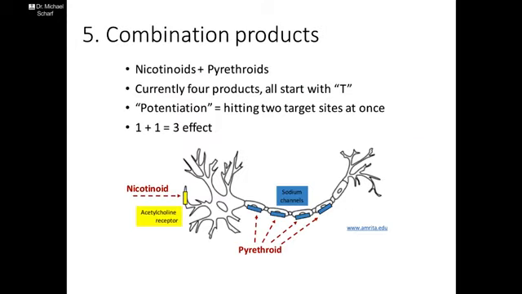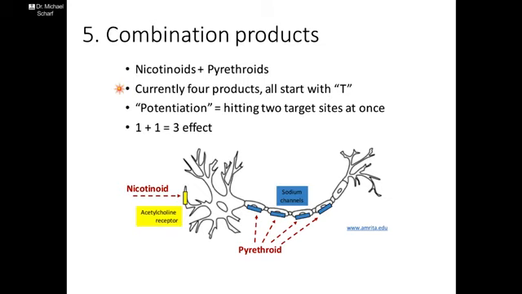Okay, so I want to jump ahead here to talking about combination products. This is a big trend in the industry today, and all of our combination products involve nicotinoids plus pyrethroids. Currently, as I mentioned, I'm not going to mention any trade names here, but we have 4 products available to us, and they all start with T, which I find to be pretty darn confusing.